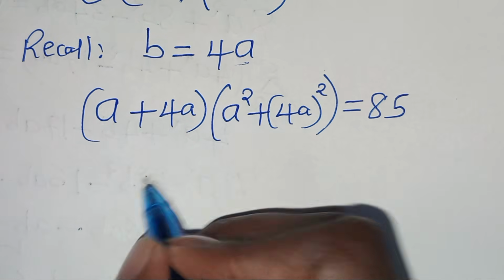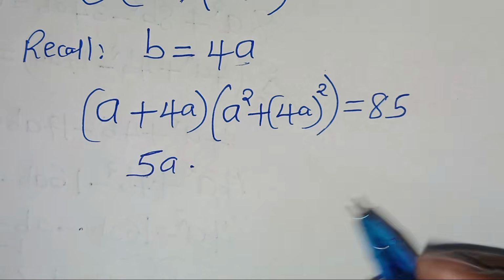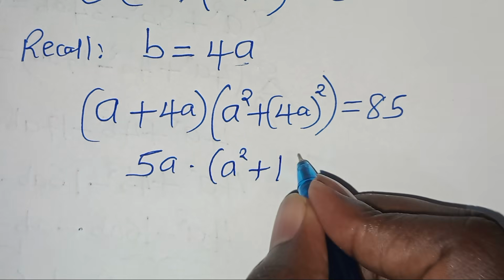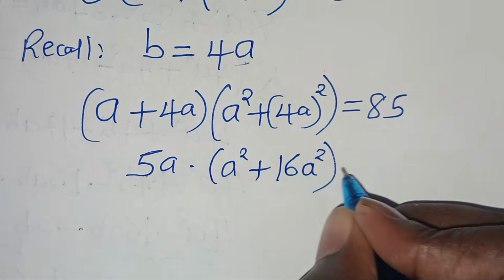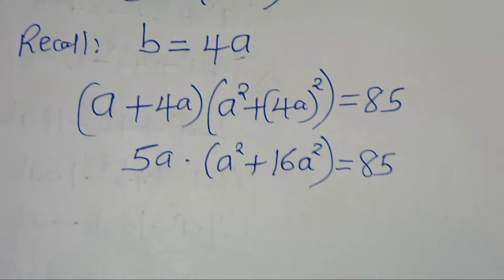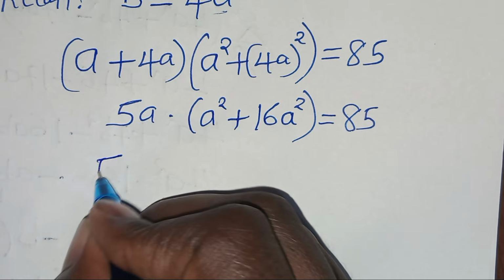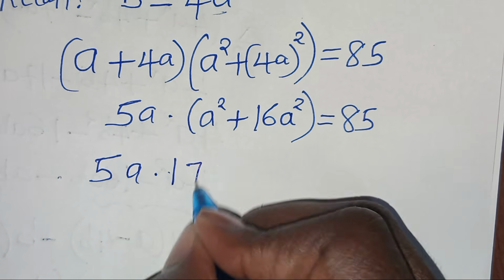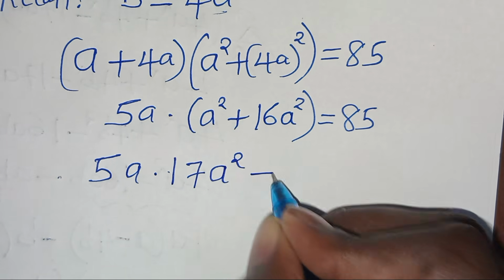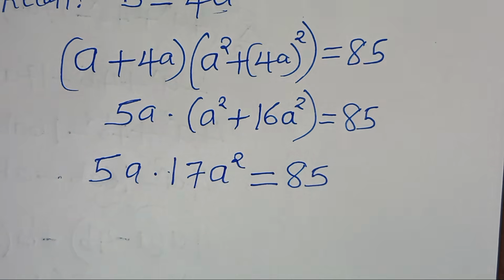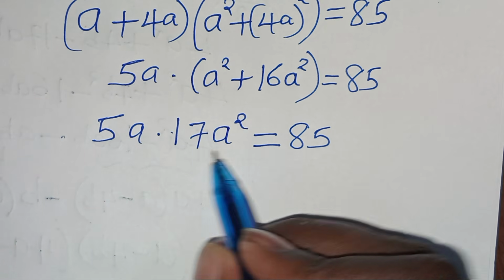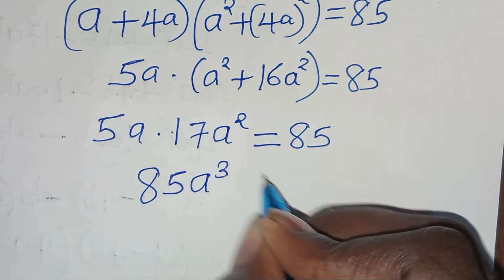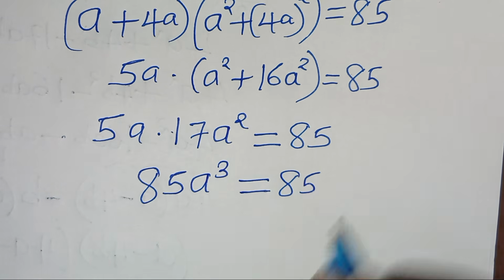So we have a plus 4a, this is 5a, times a to the power of 2 plus 4a squared, this is 16a to the power of 2, this is equal to 85. So this means that 5a multiplying by a squared plus 16a squared, this is 17a to the power of 2, and this is equal to 85. So 5a times 17a squared, this is 85a to the power of 3, and this is equal to 85.